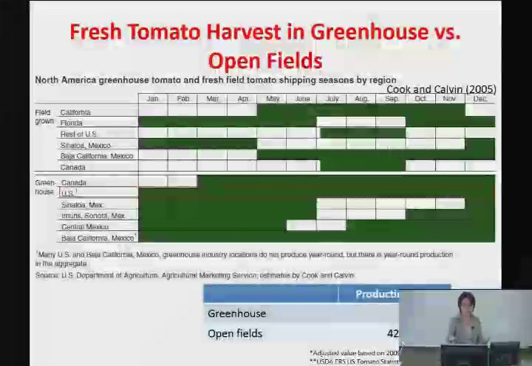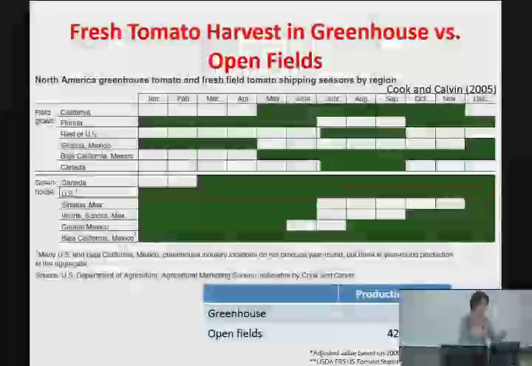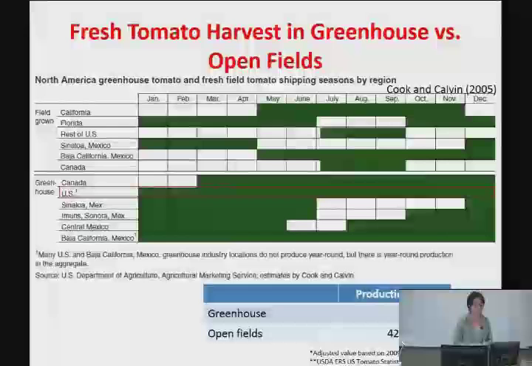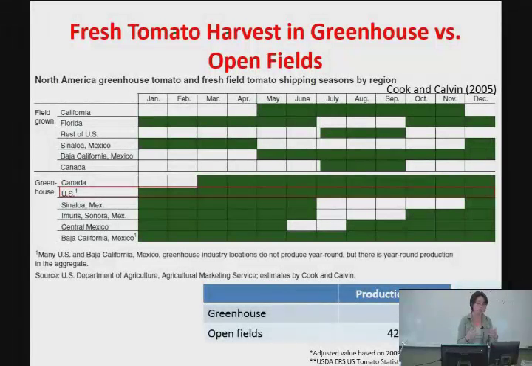You expect tomatoes sitting in a grocery store all year round, but those are coming from everywhere, right? And you don't know where exactly. You may see a product of Mexico or a product of the U.S., but where exactly in the U.S. usually isn't stated. Greenhouse products usually have the name of the company, so you can see where exactly they are from.